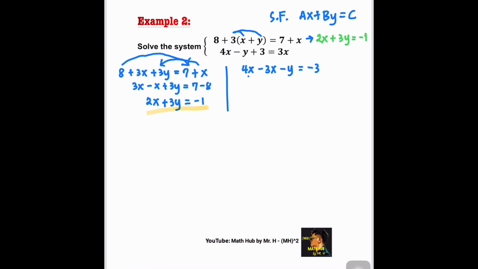And then we combine, so 4x minus 3x is x. We copy minus y, and then we copy minus 3. Right? So this is the final second equation. So we'll be using those two equations in applying the substitution method.